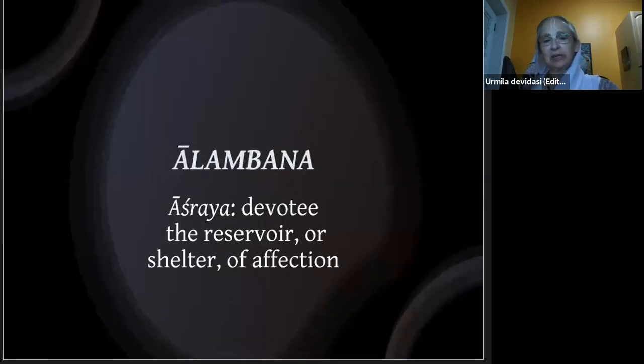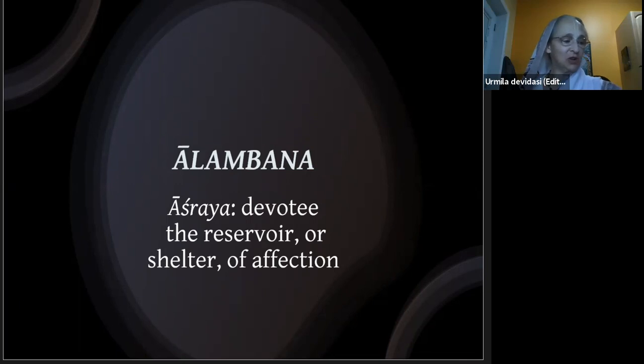So the stimulants, the Vibhava, has two parts, basic, as Prabhupada calls them, basic and impelling. The basic is the Alambana. The Alambana takes care of Krishna himself, who's the basic stimulant for our relationship, and the devotee.